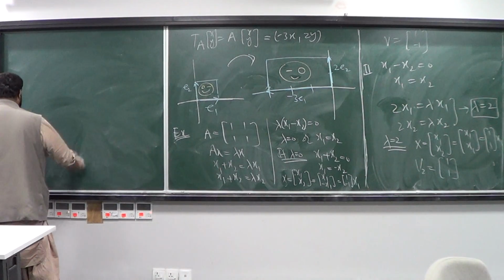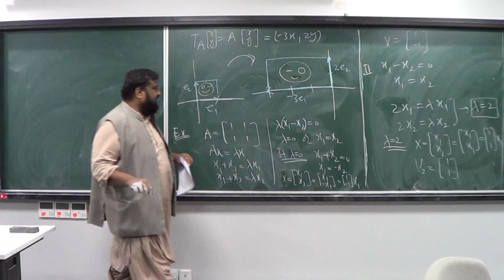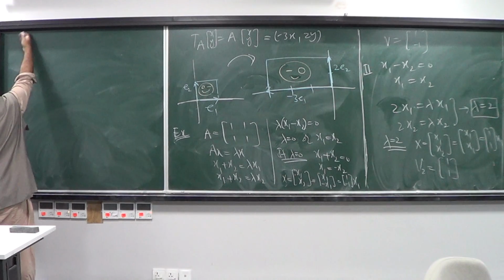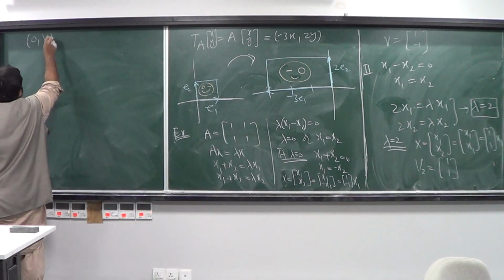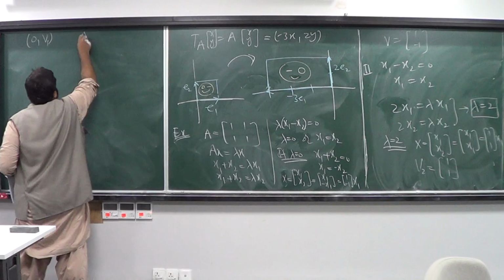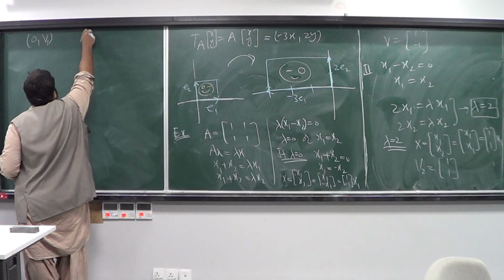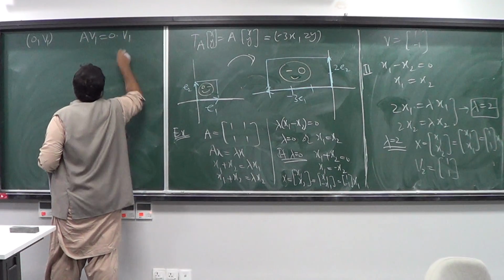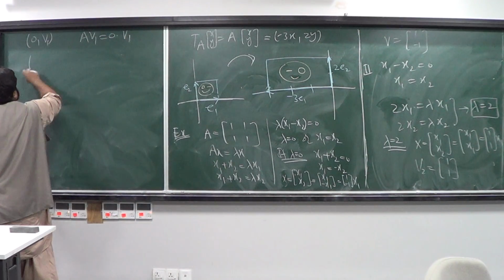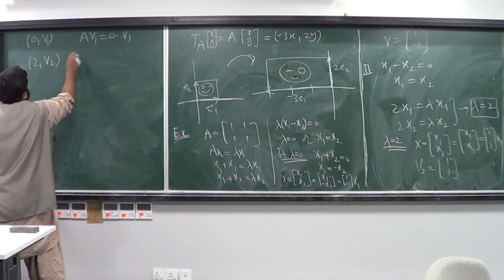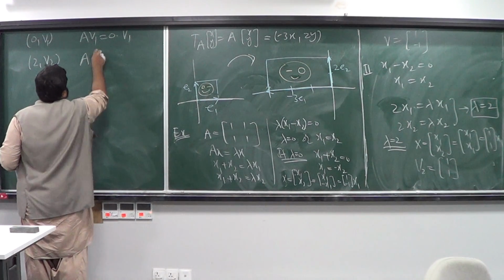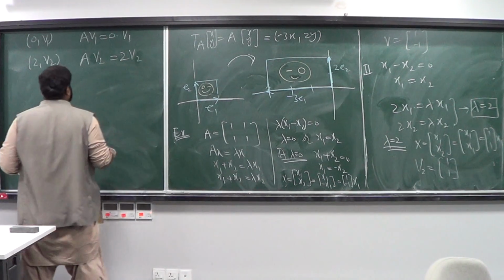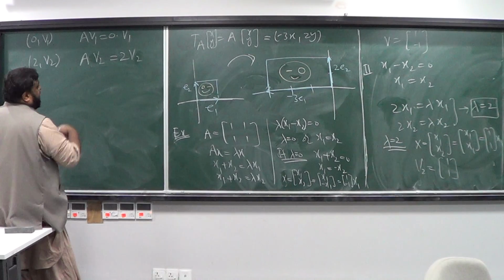We got one eigenvector v1 for eigenvalue 0, which satisfies A v1 equal to 0 times v1, and the eigenvector v2 satisfies A v2 equal to 2 times v2.